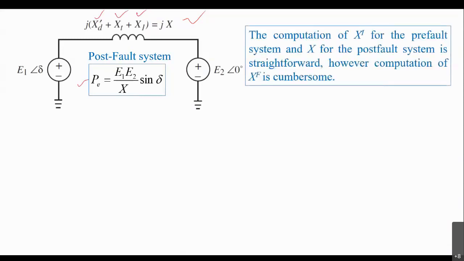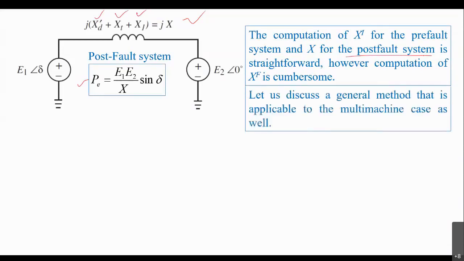So the computation of xi for the pre-fault system and x for the post-fault system is straightforward. However, the computation of xF is cumbersome. So we will discuss a general method applicable to the multi-mesh case as well, in the next class, and then go forward. So we'll stop here.